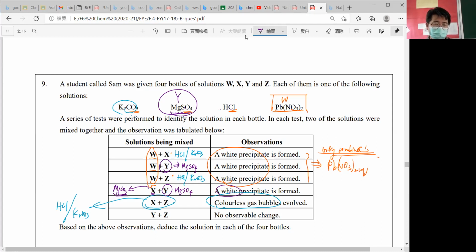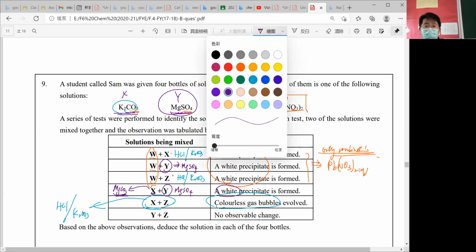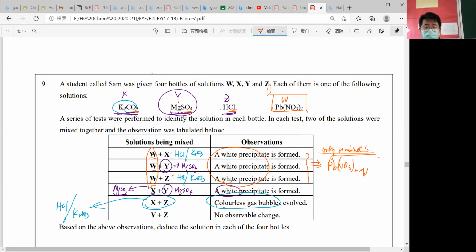So because I narrow down X as K2CO3, finally here comes Z being acid. Remember, there are so many different approaches. My approach here will start from this W, and we rule out.